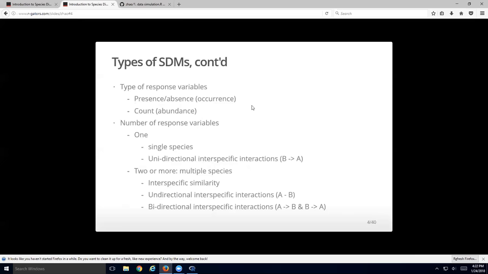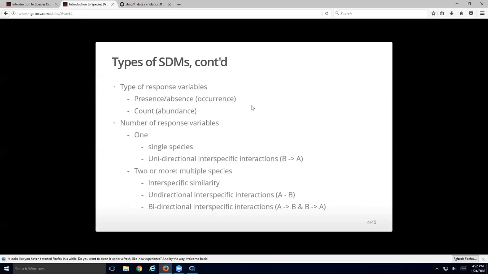But there are a bunch of species distribution models that account for imperfect detection in the model structure. In that case, people tend to call the observations presence or absence or count, and call the true but latent status occurrence or abundance. But here sometimes I will not really distinguish them, because today I will talk about two kinds of models.